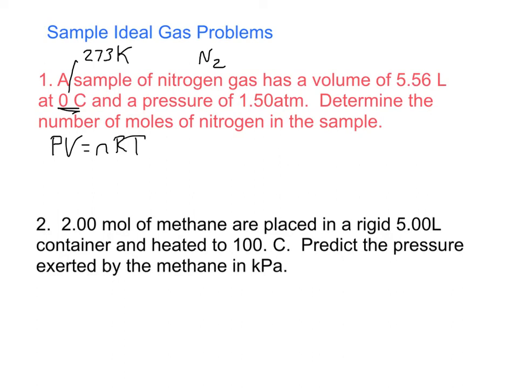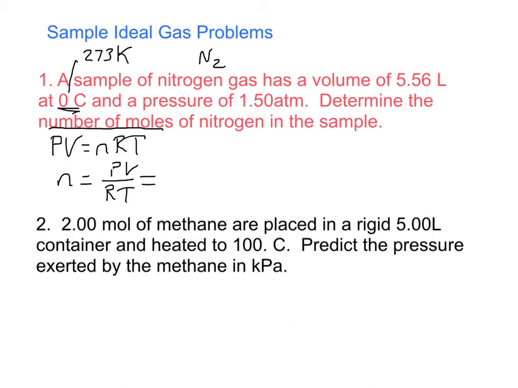We're going to ask ourselves which variable we're supposed to find, and you can see that would be number of moles, which is abbreviated n, so we need to solve that equation for n. So that means n is equal to PV divided by RT.